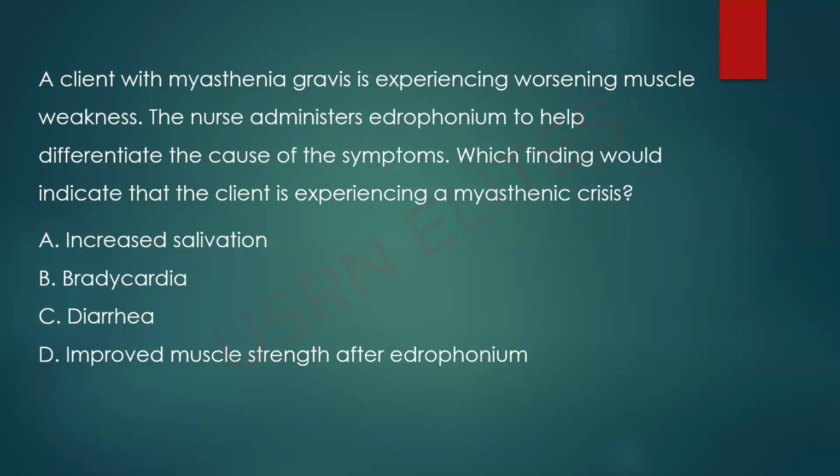A client with myasthenia gravis is experiencing worsening muscle weakness. The nurse administers edrophonium to help differentiate the cause of the symptoms. Which finding would indicate that the client is experiencing a myasthenic crisis? A. Increased salivation.